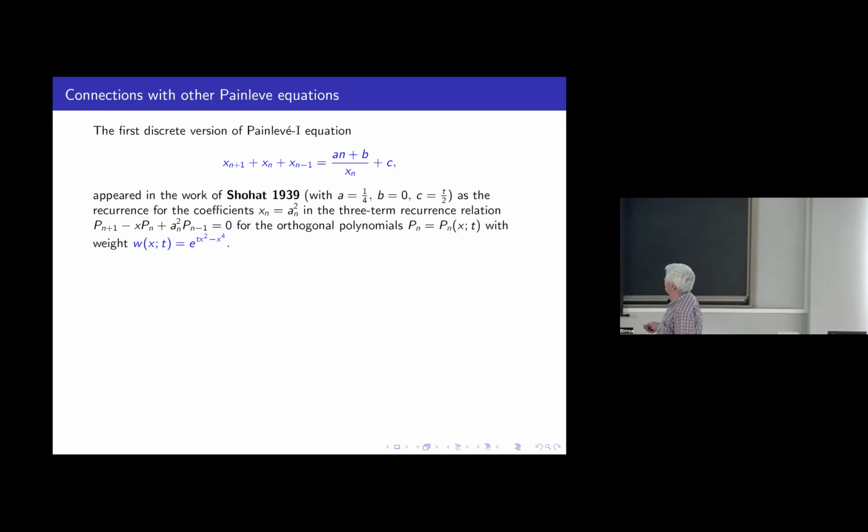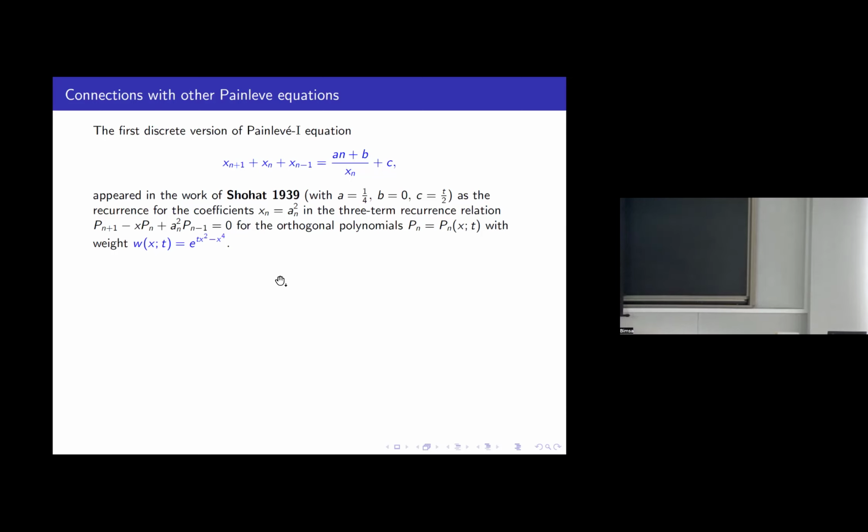And he said that the best way to find this coefficient is by this nonlinear discrete recurrence relation. This is the way to find the coefficients in the three-term recurrence relation, where A is a quarter, B is 0, and C is t. If you want to put 0 here, then put c equal to 0, and then it will be just e to the minus x to the 4.